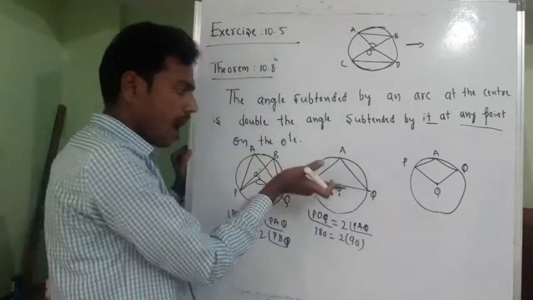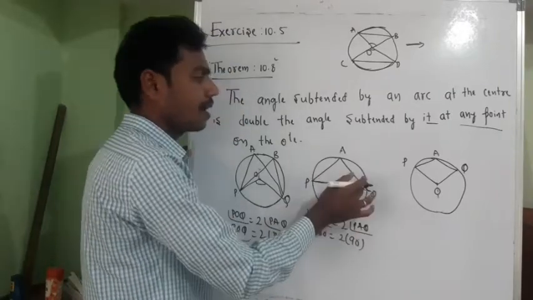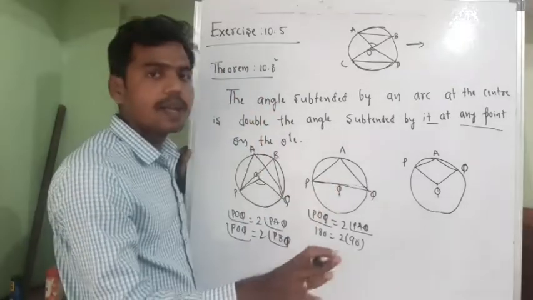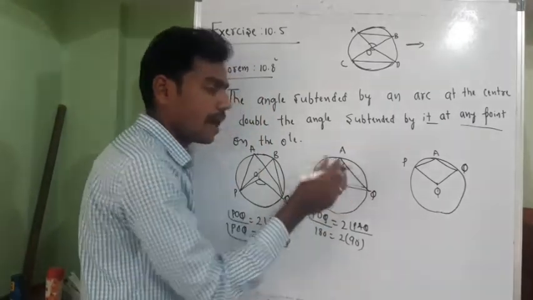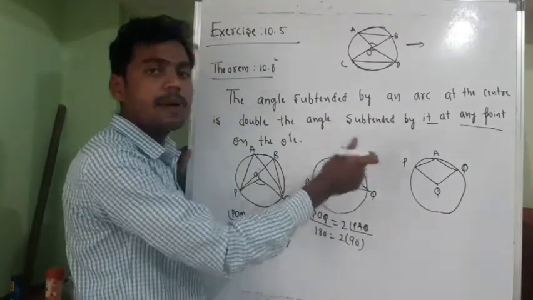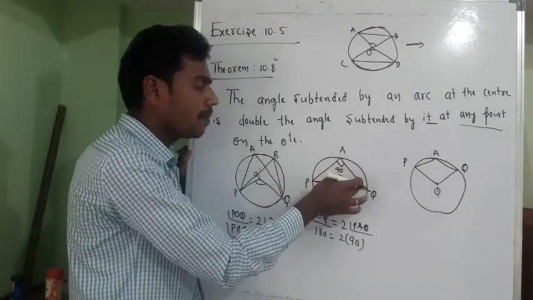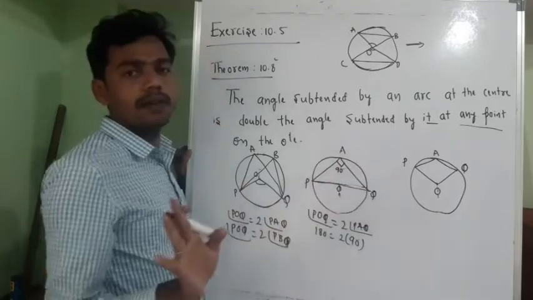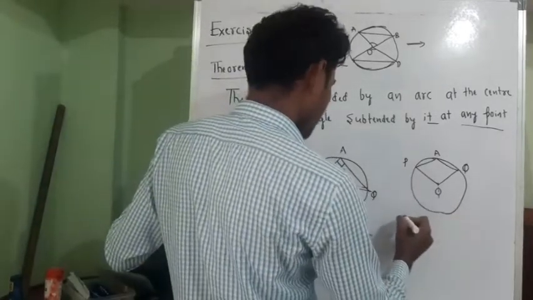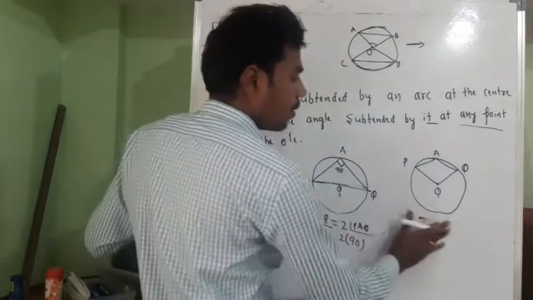So if the arc is a semicircle, the angle subtended by the semicircle at any point on the circle will be equal to 90 degrees.